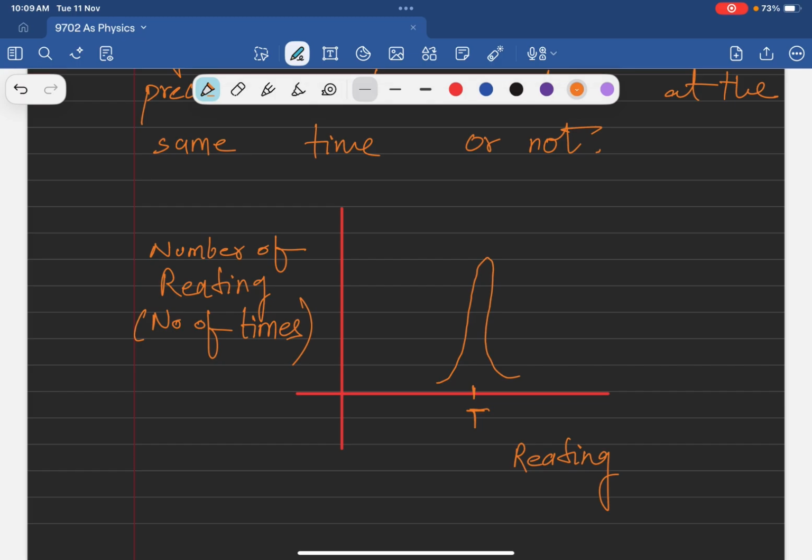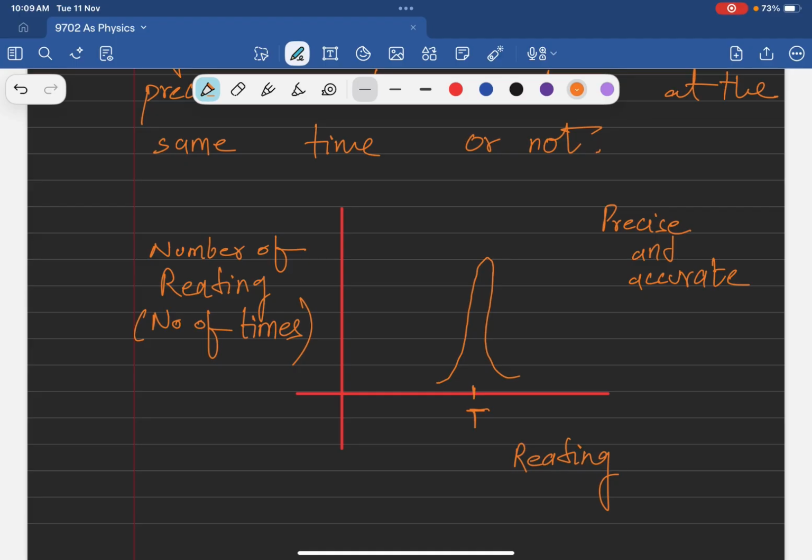It means that if the true value is lying in it, it is accurate as well, and if the readings are close to each other, it is precise as well. So you can say that this measurement is precise and accurate at the same time. That's what I have been talking about previously.